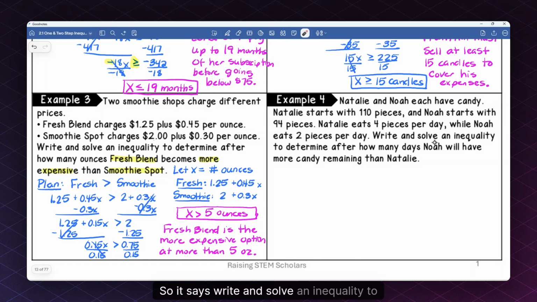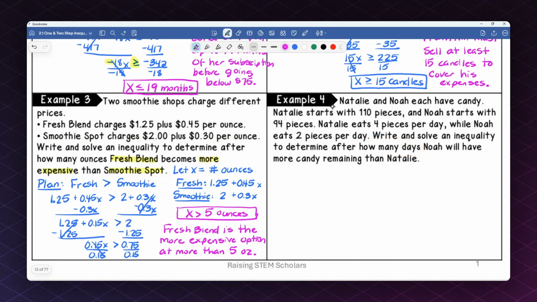So it says, write and solve an inequality to determine after how many days. This is our part right here where we know what our x is going to be. Okay, so based on this, how many days, my let statement: let x equal the number of days. Okay.